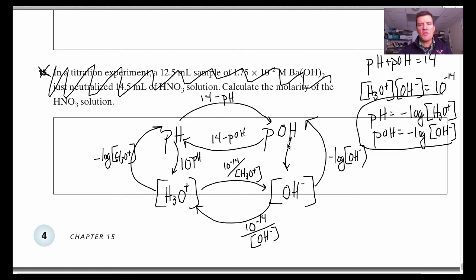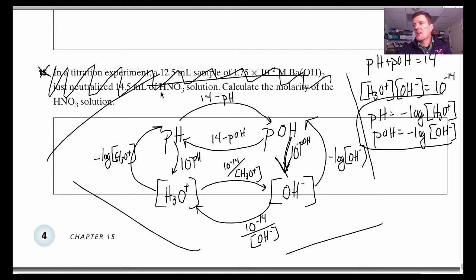If I know pOH and I want to get to the concentration of hydroxide, I do 10 to the negative pOH. Okay? That right there you have to have in your notes so you can use it. Now you can go between any of those values, just do the calculation that is expressed to get you from one to the other.